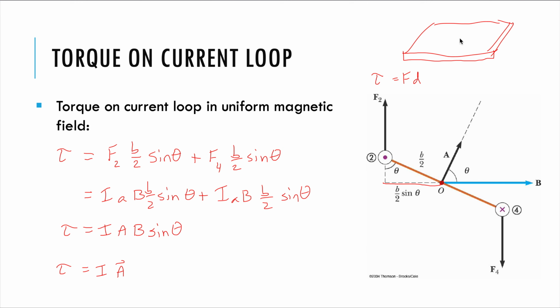So if you had a loop like this, that area vector will be perpendicular to the plane of the loop. And then A B sine theta is the cross product of A and B. So now we have an expression for the torque on a current loop in a uniform magnetic field.